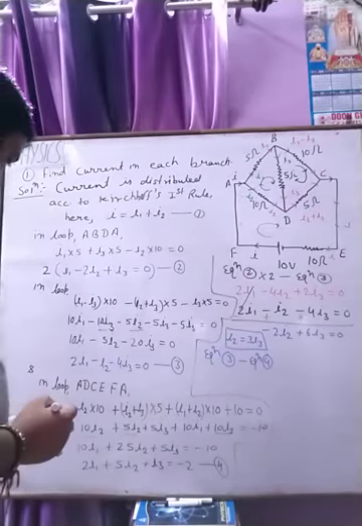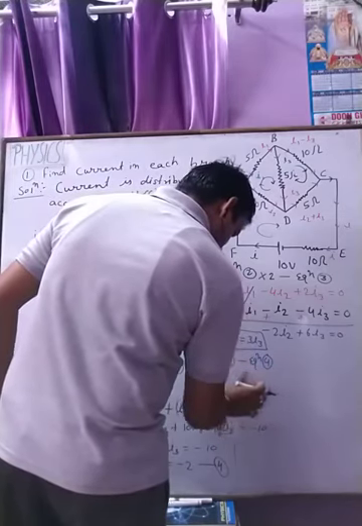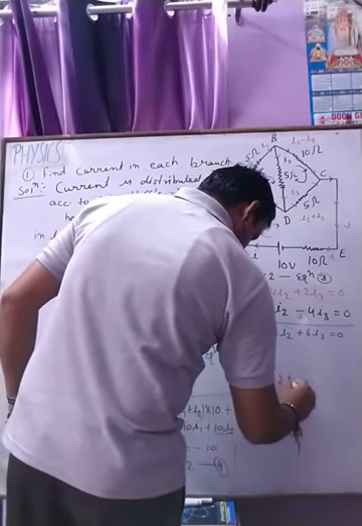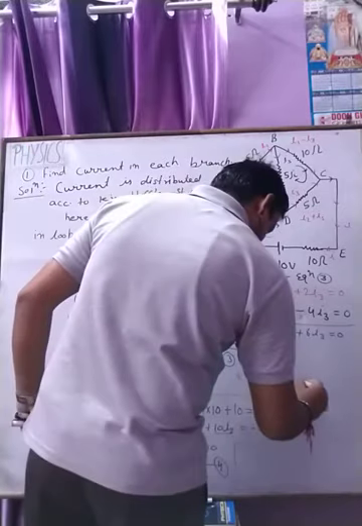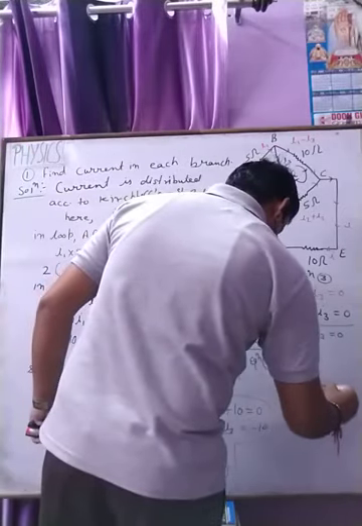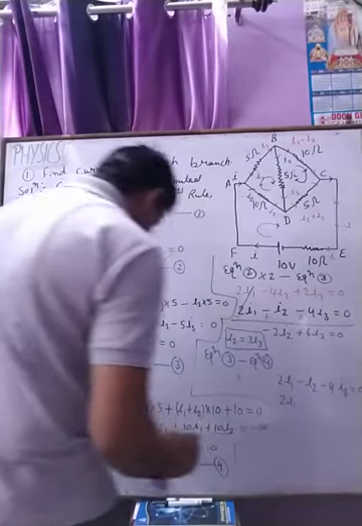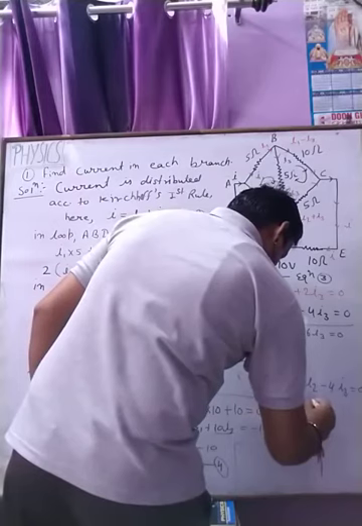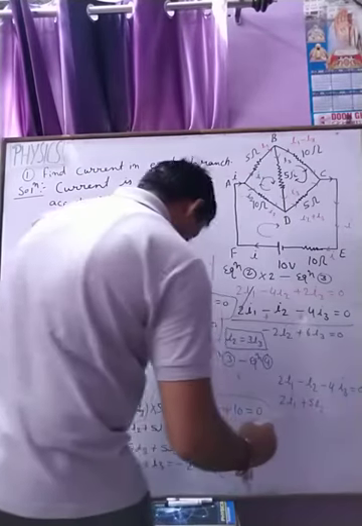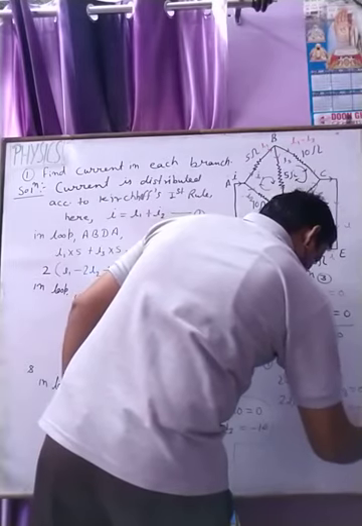We get from here 2I1 minus I2 minus 4I3 equal to 0 and 2I1 plus 5I2 plus I3 equal to minus 2.